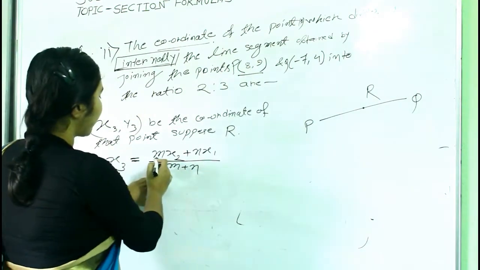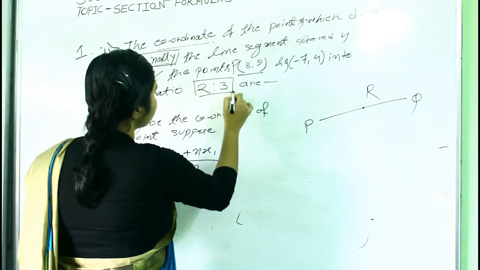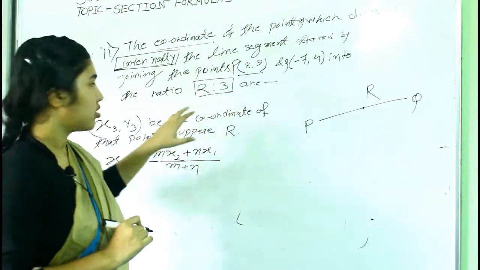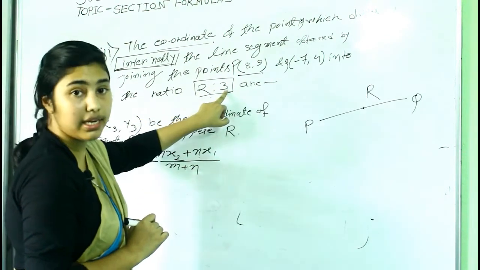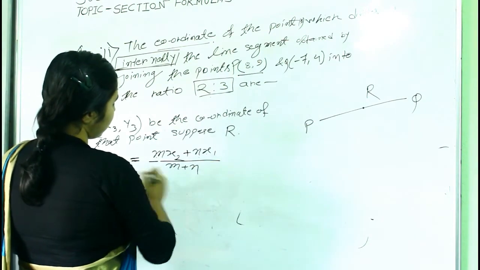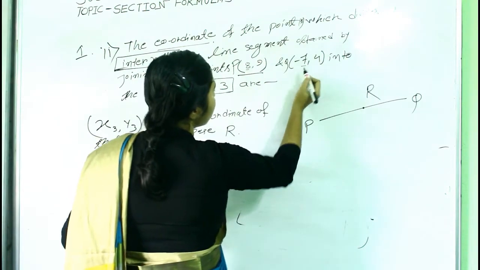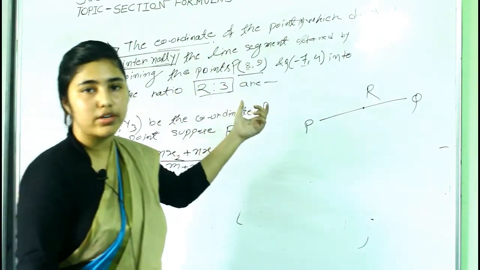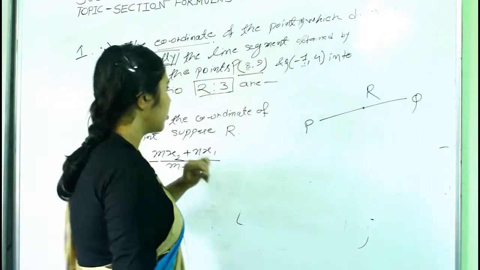Now here the value of m and n is 2:3, right? The value of m is 2 and the value of n is 3, and x1, x2 are the x coordinates, or abscissa, of the points P and Q.